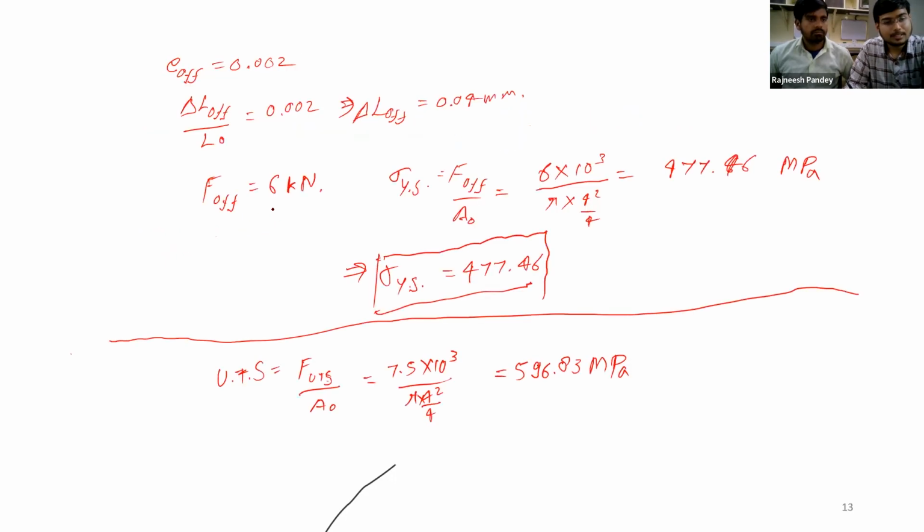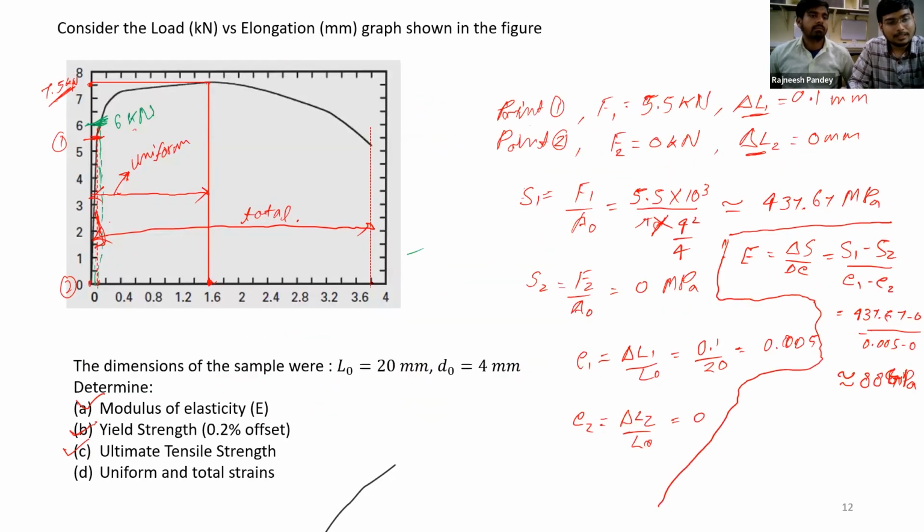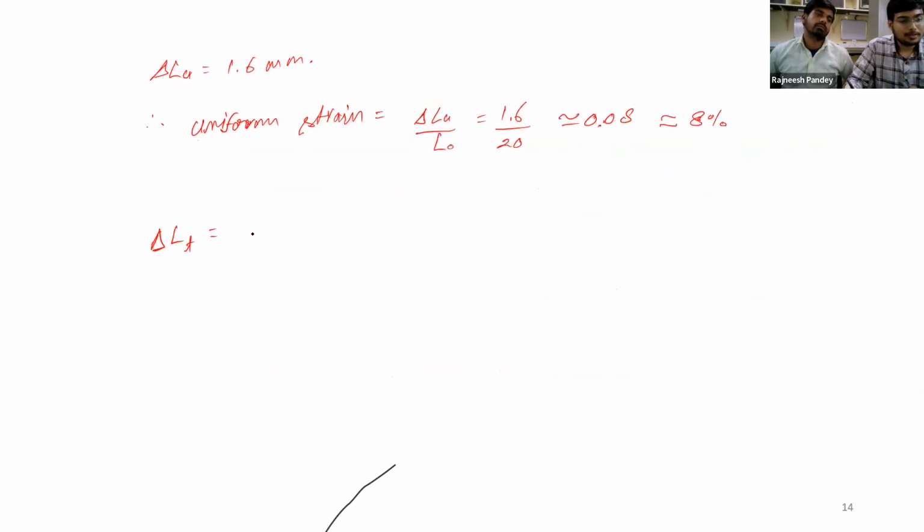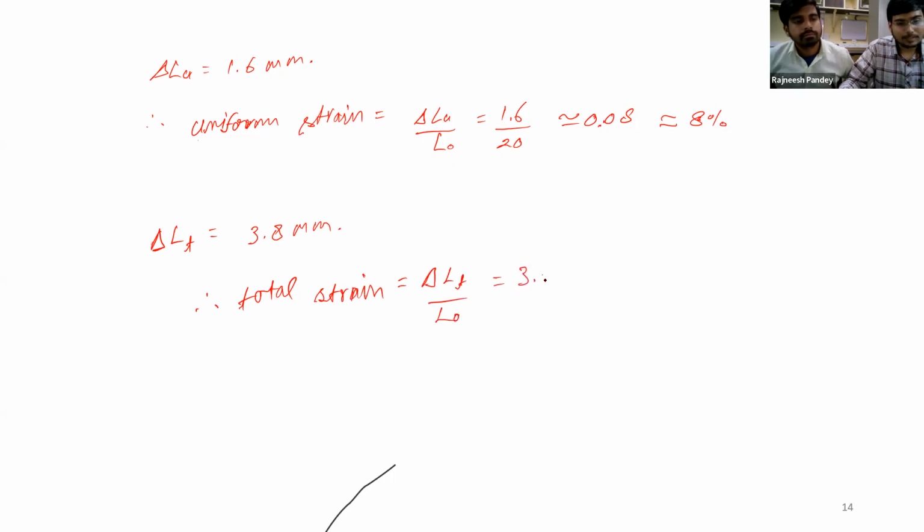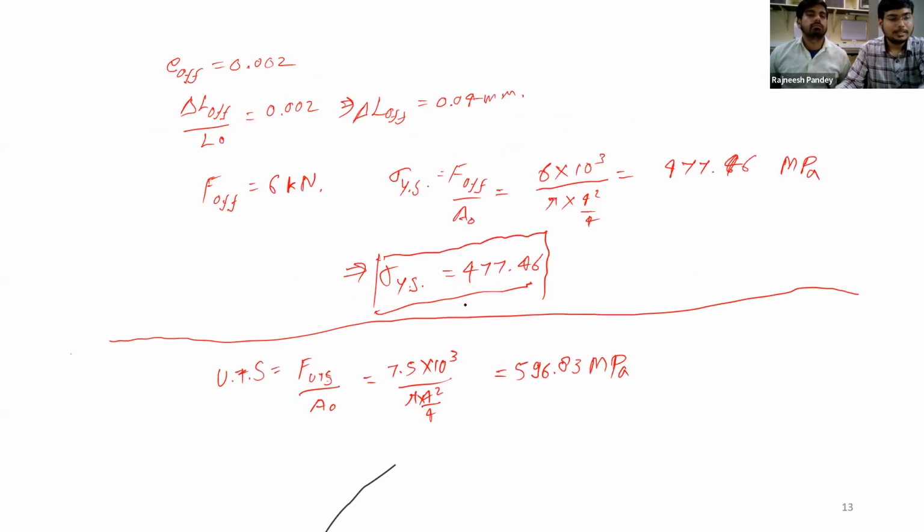If we drop a perpendicular line, it comes out to be approximately 3.8, so this will be 3.8 mm. Therefore, total strain will come out to be delta LT over L0, which is 3.8 over 20, which is approximately 0.19 or 19%. So here we get these values.